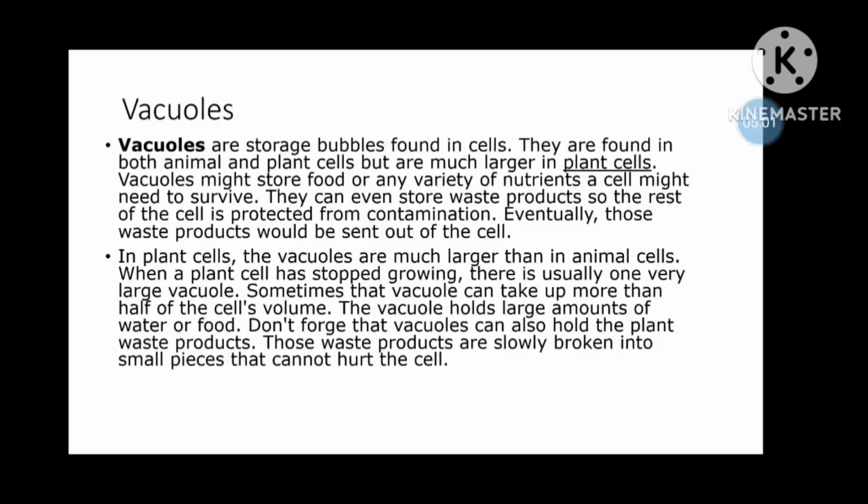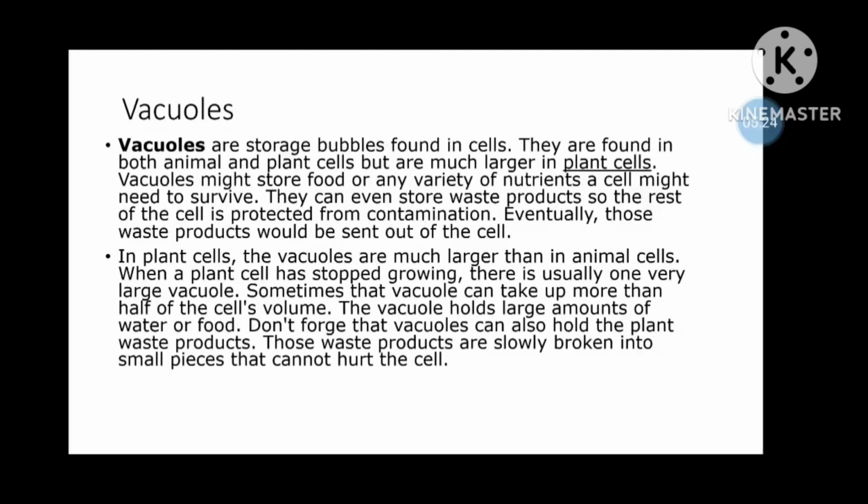The vacuoles hold a large amount of water or food. The vacuoles hold the waste products of the plant, right. Those waste products are slowly broken down into small pieces so that they cannot hurt the cell.